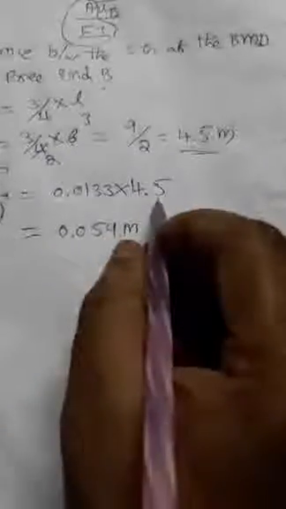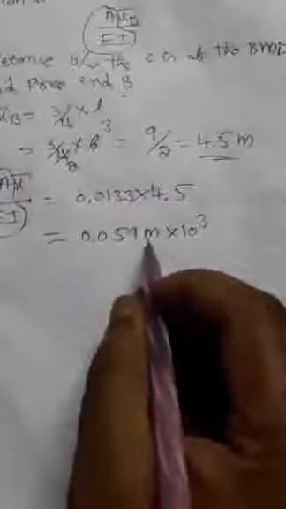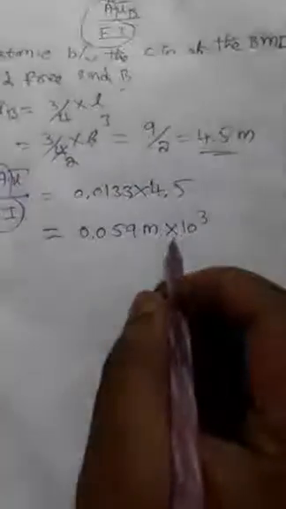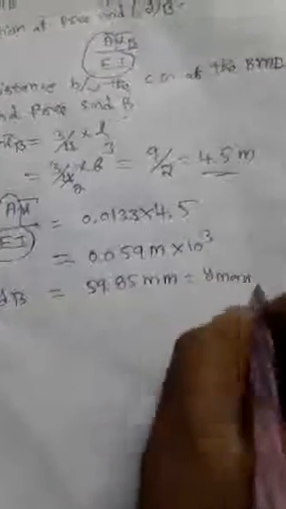Because x bar B was substituted in meters, the answer is in meters. It can be converted into mm by multiplying by 10 to the power of 3, that is 1000. So the answer is 59.85 mm. This is y B, or y maximum also.